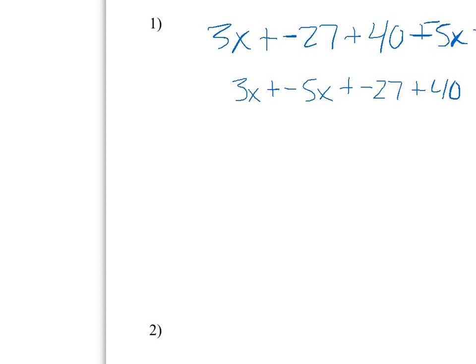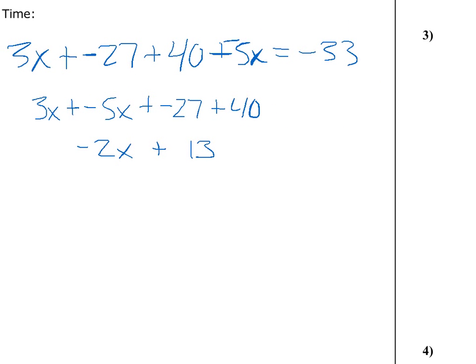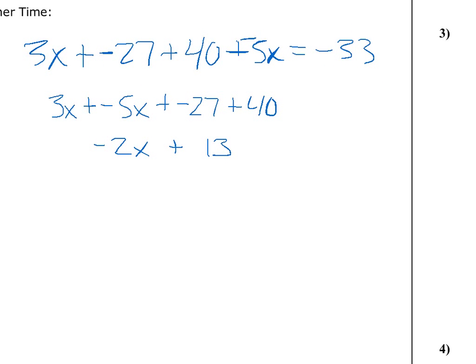Mr. Espinoza. Combine my like terms. Negative 27 plus 40 is 13. Plus negative 5x plus 3x. Opposite sign subtract. Take the sign of the larger number. Negative 2x. Now, this is as simple as this expression gets. Now we can go ahead and bring back the other side of the equation.